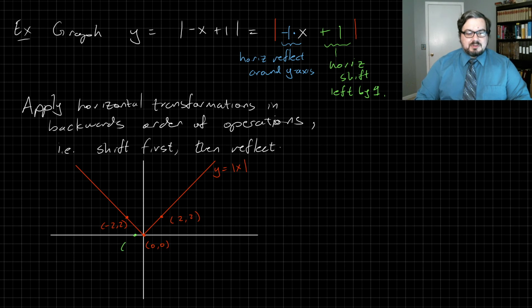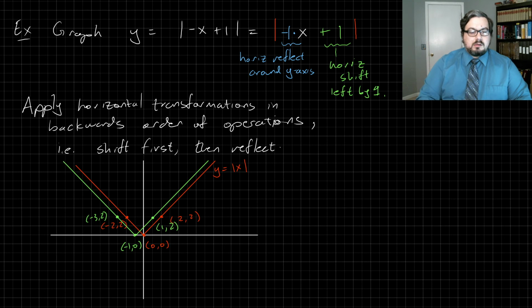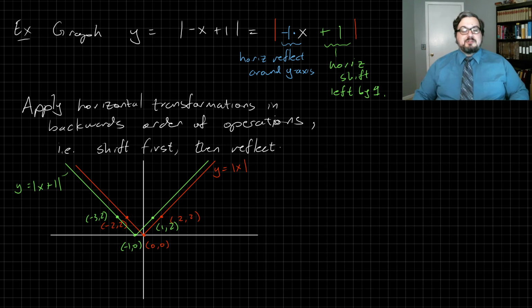So the point 0, 0 goes to the point negative 1, 0. The point negative 2, 2 goes to the point negative 3, 2, and the point 2, 2 goes to the point 1, 2. And this is the graph of y equals the absolute value of x plus 1, because all we've done is shift to the left by 1.